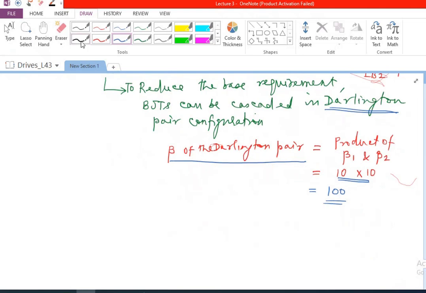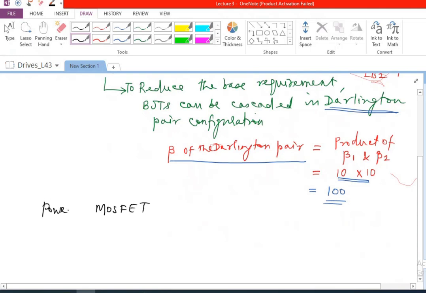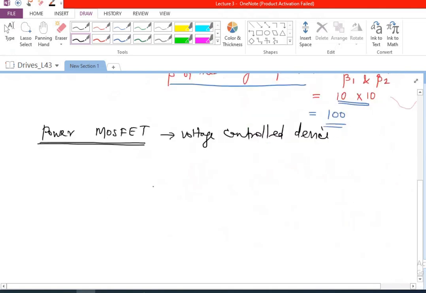Now, the next device that we wanted to see was the MOSFET, Power MOSFET. Power MOSFET is a voltage controlled device. It is a voltage controlled device. So in a power MOSFET, generally you are going to have 3 terminals again.